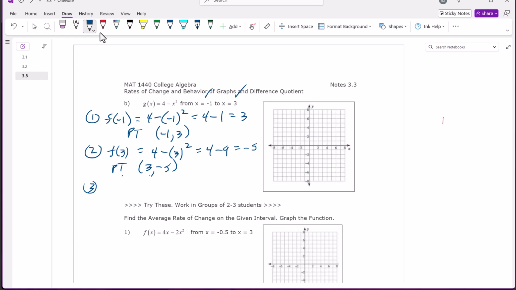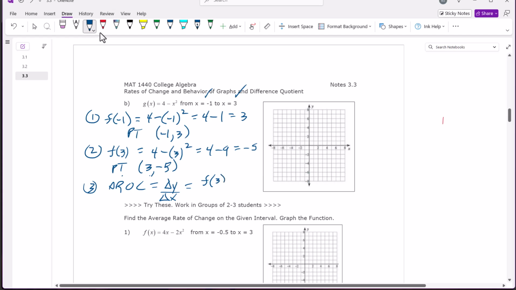Okay, so it's all about finding 2 points. Then the average rate of change, you want to do the change in y over the change in x. Change of y, it's up to you which order you do this in. I'm going to go f of 3 minus f of -1. And then I'm going to do the change in x by doing 3 minus -1.